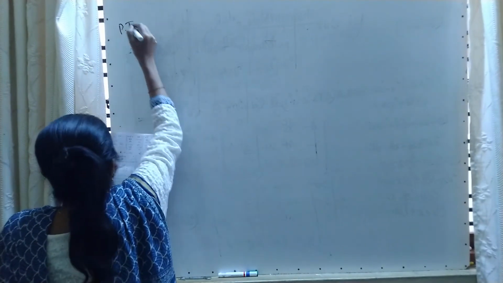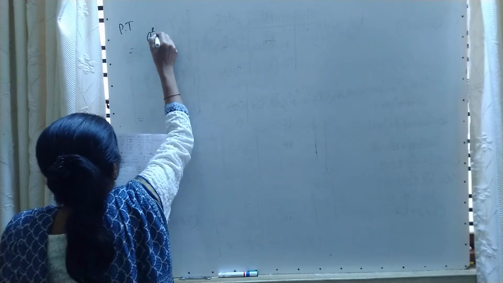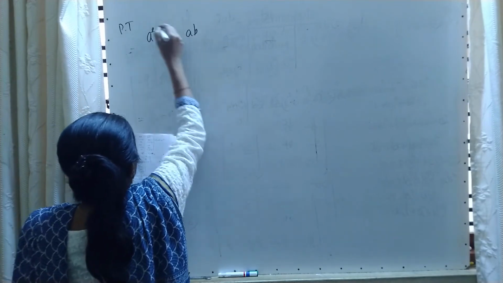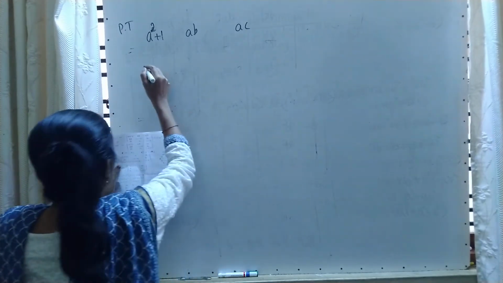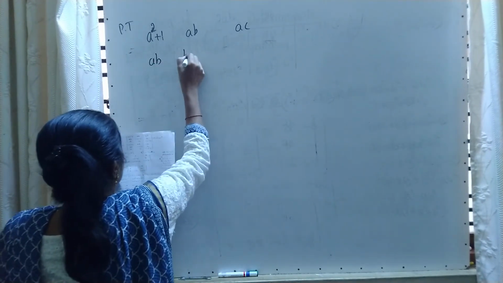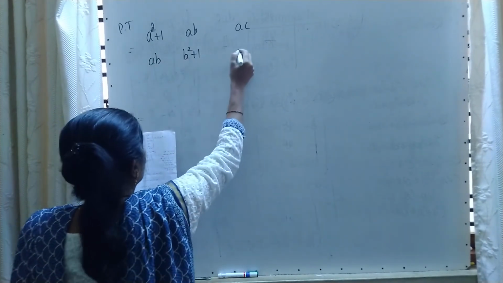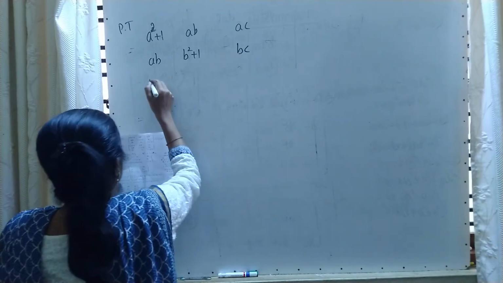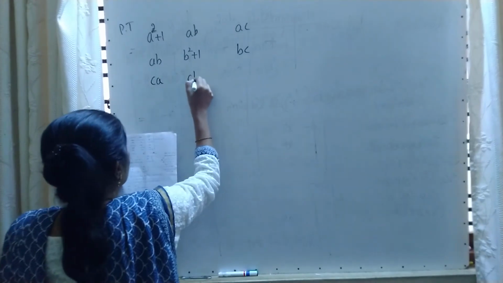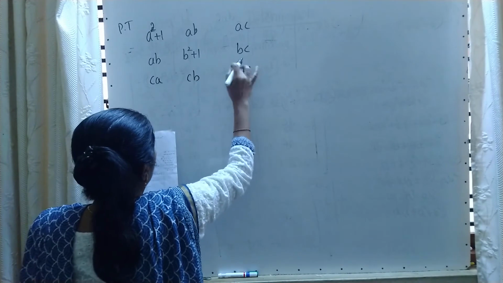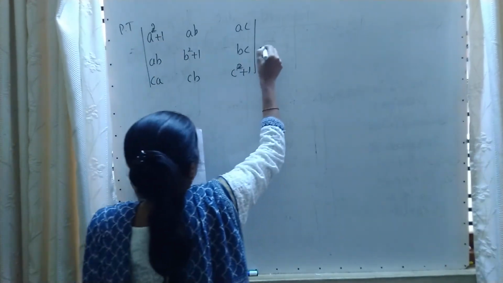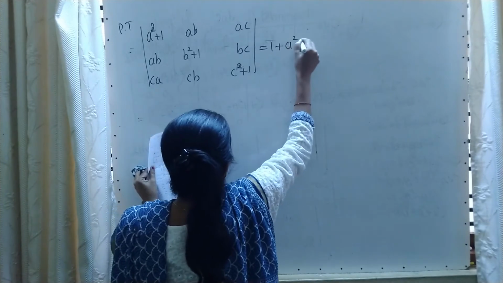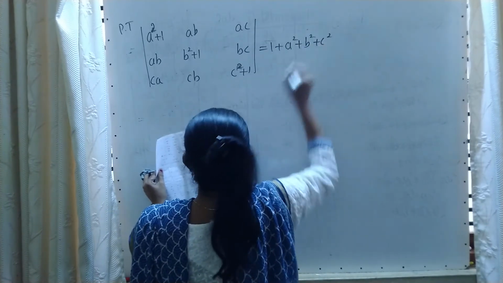Same, prove that without expanding: the determinant with rows a square plus 1, ab, ac; ab, b square plus 1, bc; ca, cb, c square plus 1 is equal to 1 plus a square plus b square plus c square.